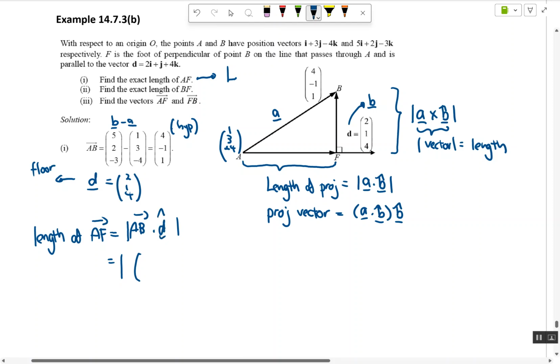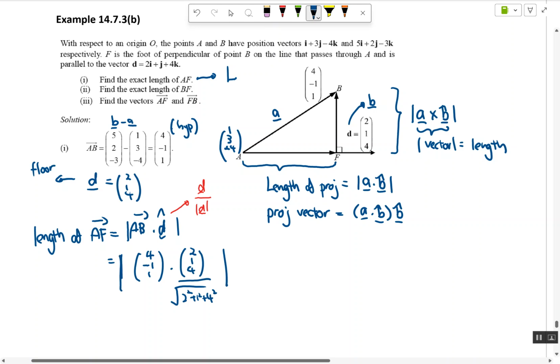AB is 4, negative 1, 1 dot, now D hat. The formula for D hat is D over the magnitude of D. So I can actually just put the whole thing inside, or if you want to do it separately, that would be fine as well. That means this will be 2, 1, 4 over the square root of 2 square plus 1 square plus 4 square.